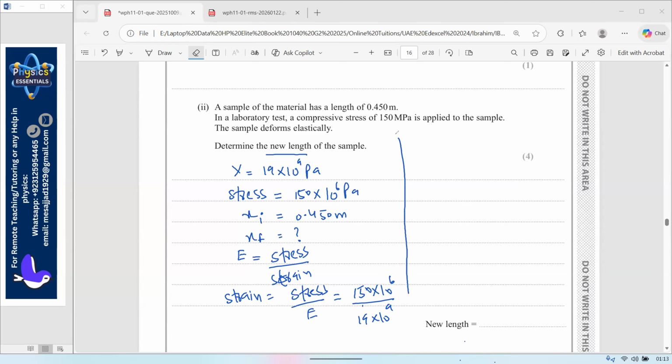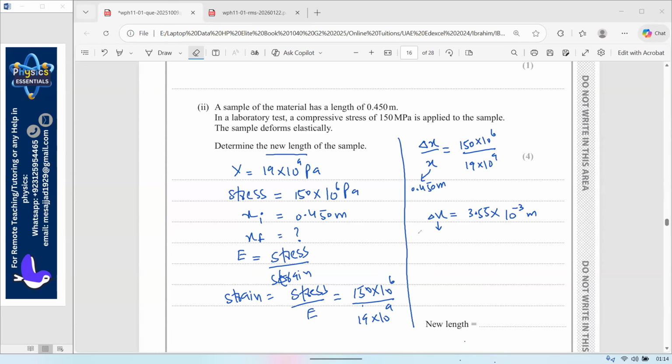So strain is change in length over original length. From here, it is 150 into 10 raised to the power 6 divided by 19 into 10 raised to the power 9. Original length was mentioned as 0.450 m, and when we measured the change in length, it was about 3.55, as the given data is in three significant figures, so our answer is also in three significant figures.